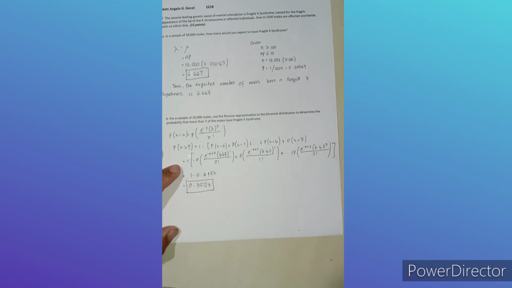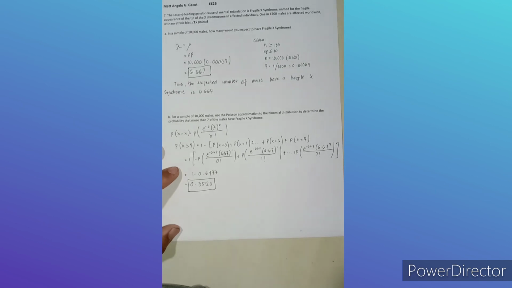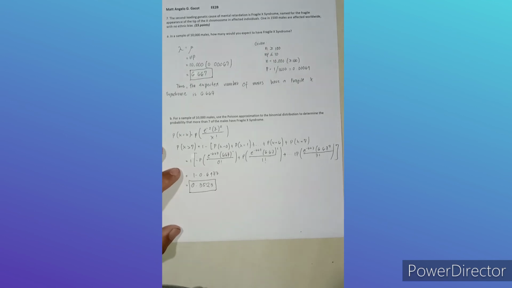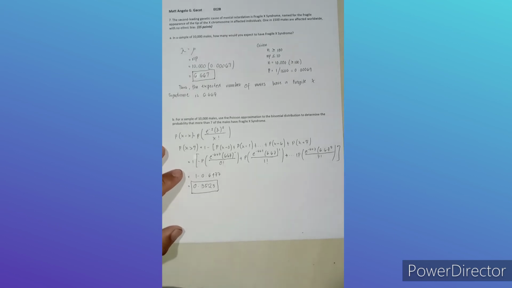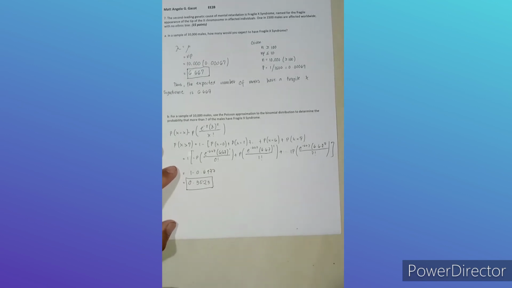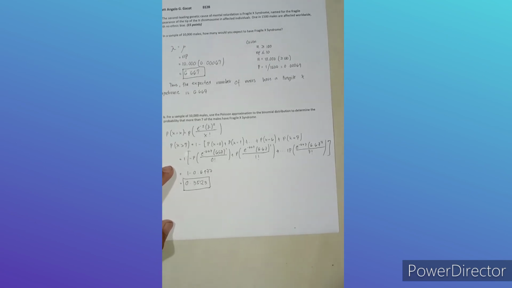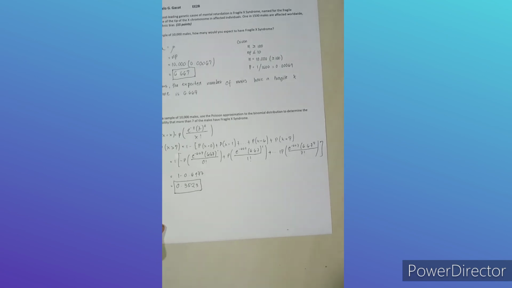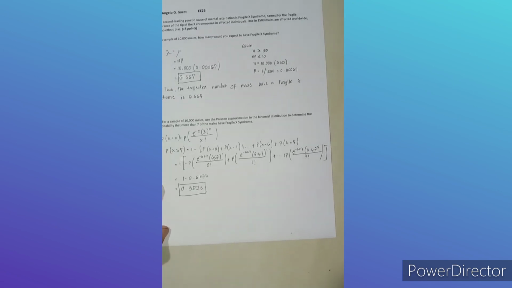So 1 minus the quantity e raised to negative 6.667 times 6.667 raised to 0 all over 0 factorial plus e raised to negative 6.667 times 6.667 raised to 1 all over 1 factorial, up to e raised to negative 6.667 times 6.667 raised to 7 all over 7 factorial.